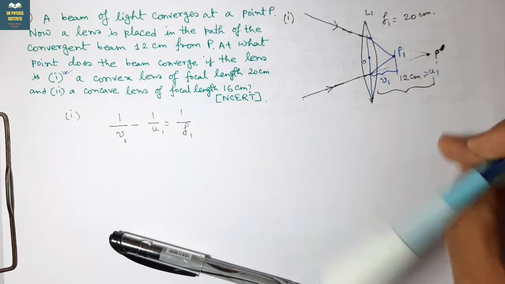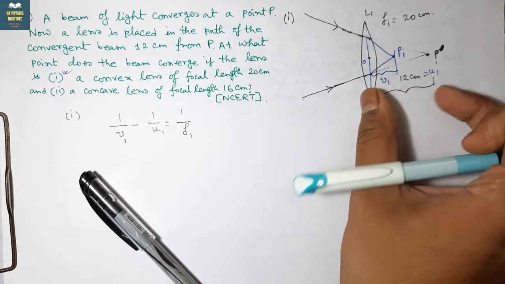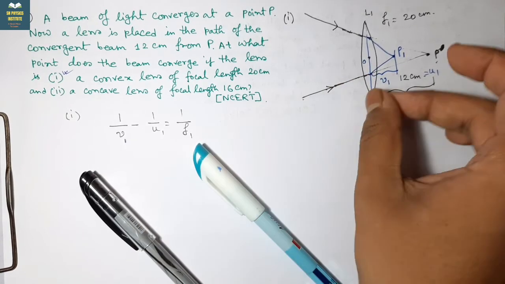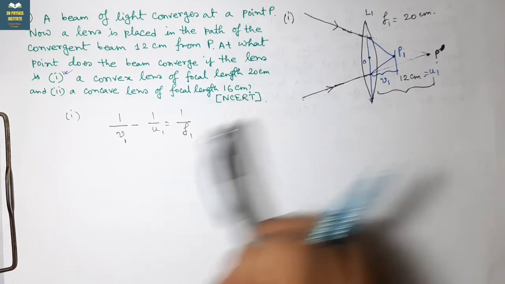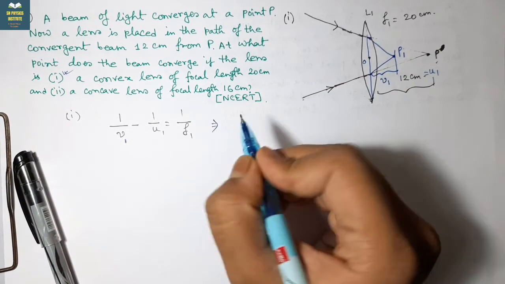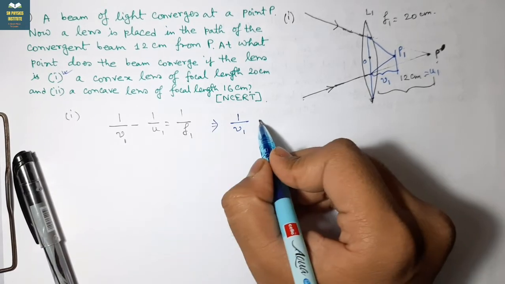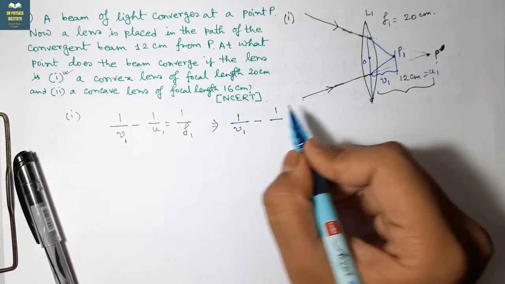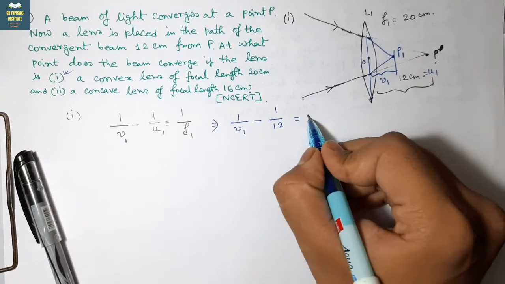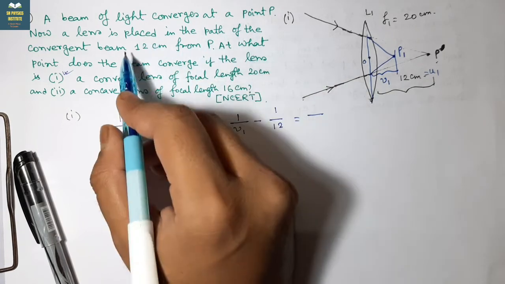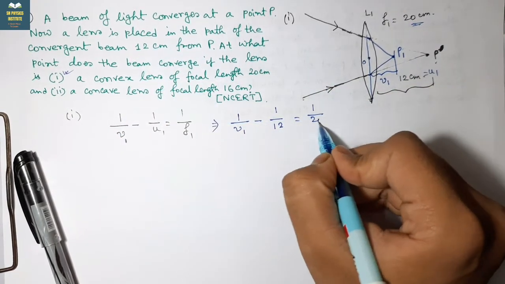This object distance is positive because you measure the object along the incident ray direction. So I can write 1 by V1, which we have to find out, minus 1 by U1, and the focal length is also positive, 20 centimeter, so 1 by 20.